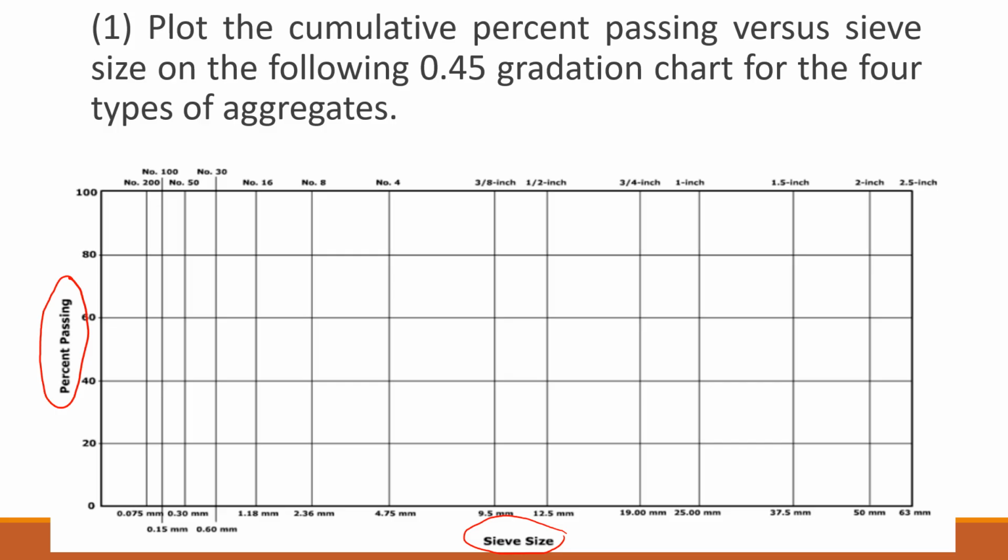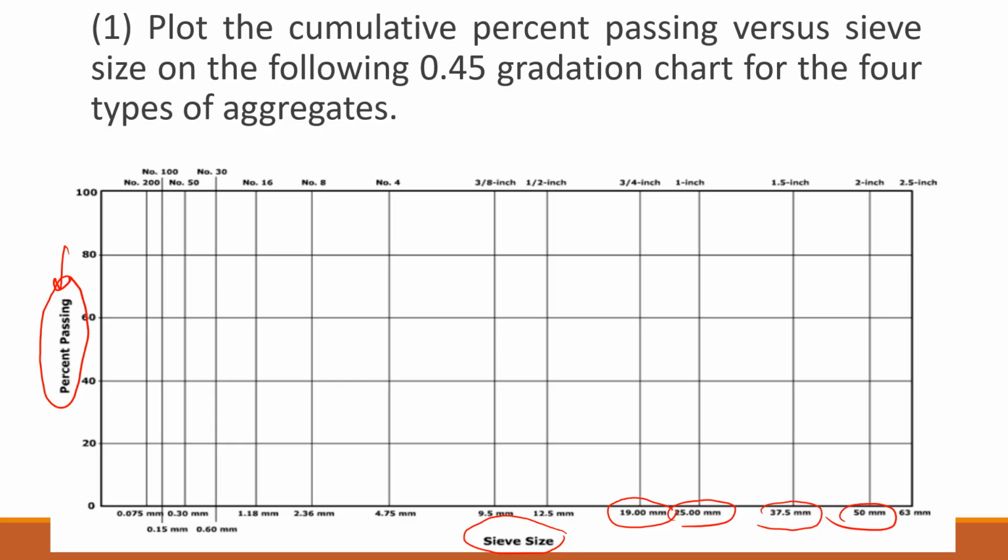Okay, so if you know percentage passing and if you know the sieve sizes, so here we have sieve sizes 37.5 millimeters, 50 millimeters, 25 millimeters, 19 millimeters. Likewise, if you know the sieve size and the percentage passing, we will be able to plot it.